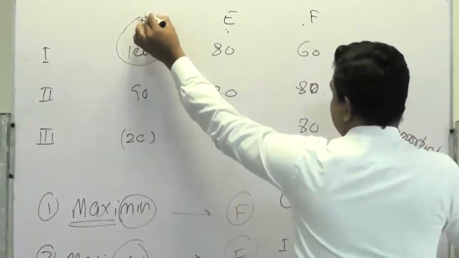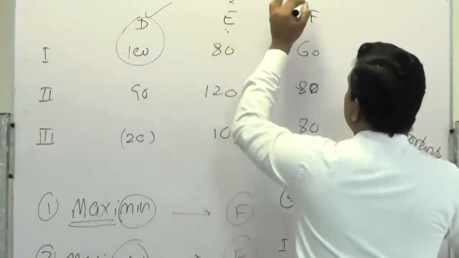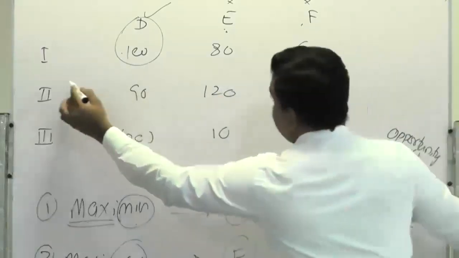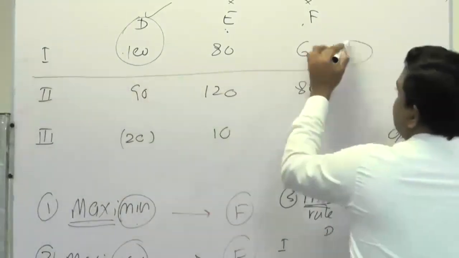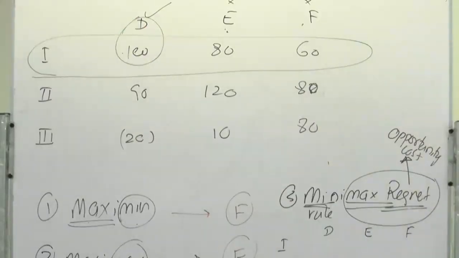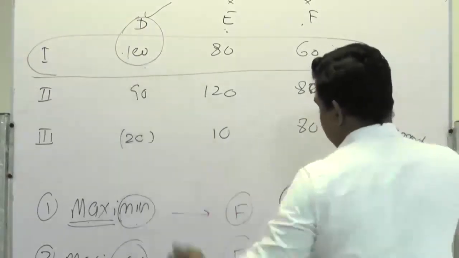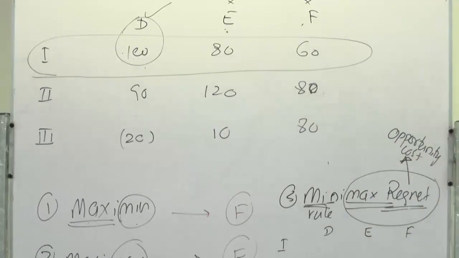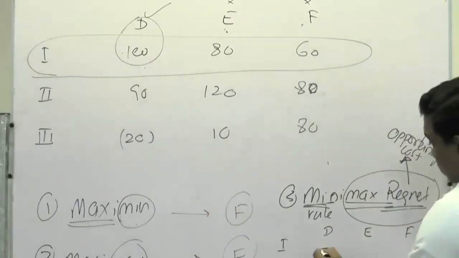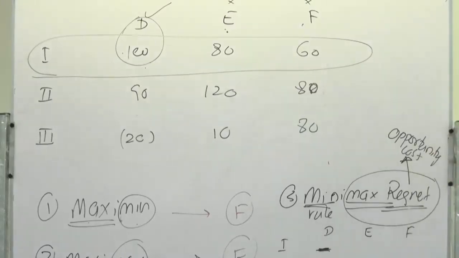If you select D, you can't select E or F. However, if you select project D under the first scenario, this is the highest profit, clear? This is the highest profit, therefore no opportunity cost.